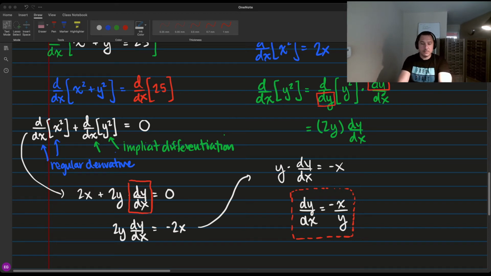Oh, how do you do an implicit plot? Okay, just one second. Sorry, I'm having a hard time getting this to plot.